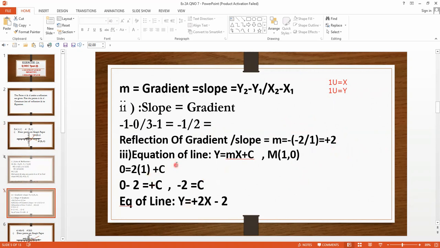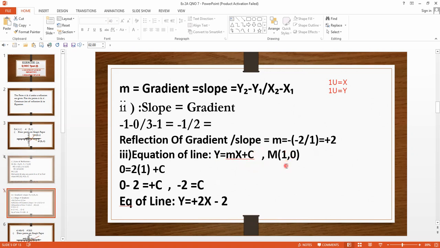Now we come to the last point, finding the equation of the line. For finding the equation of the line, we put the values of x and y in the given equation so that we can find the intercept, because in this case the equation depends upon the y-intercept, for which we use c. So we take the midpoint.